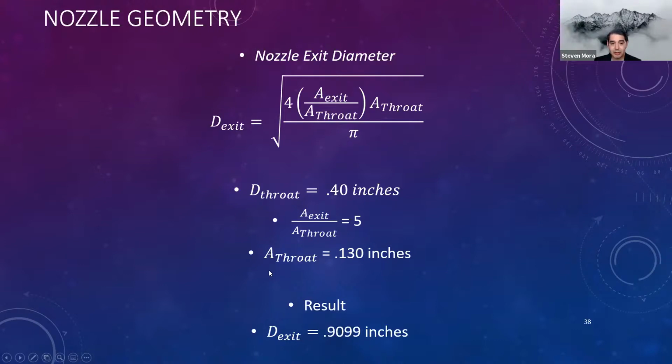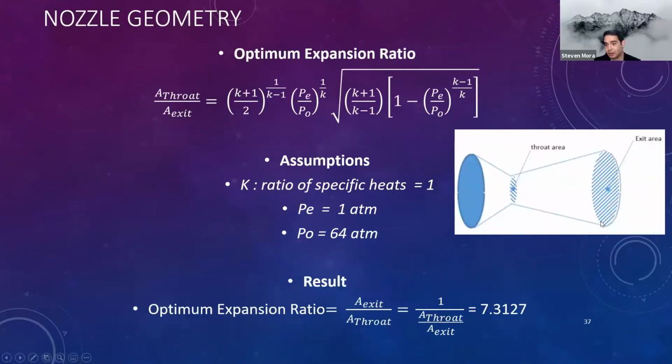We plug these values into the equation to find the nozzle exit diameter, and arrive at an exit diameter of roughly 0.9 inches. That allows us to set the specific diameter of the exit area, which gives an optimum expansion ratio of 5.